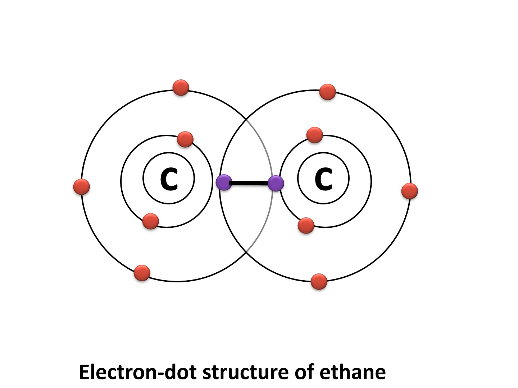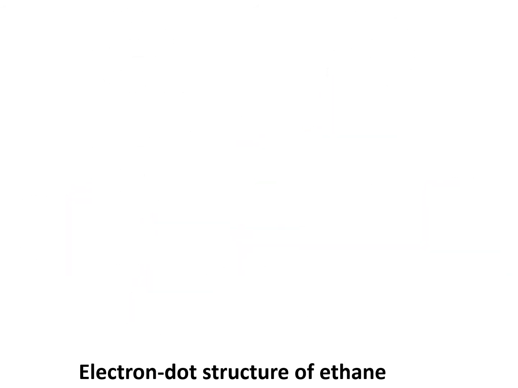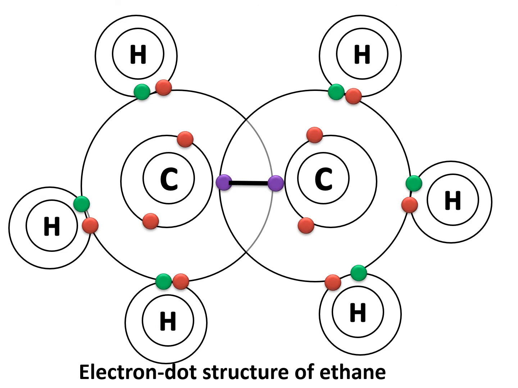Then we have three valence electrons of each carbon left. On carbon 1 there are 3 left, on carbon 2 there are 3 left, and hydrogen is 6, so it will be divided 3 hydrogen per carbon atom. Now this hydrogen electron and the carbon valence electron will form a bond, so they merge together and the bond is formed.